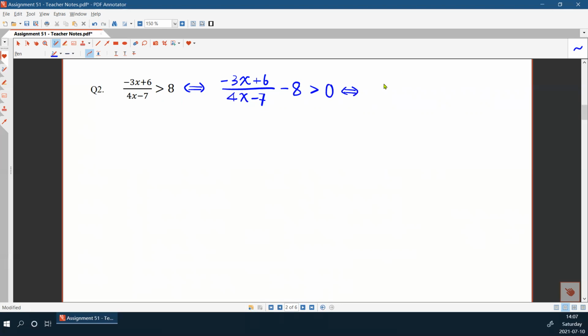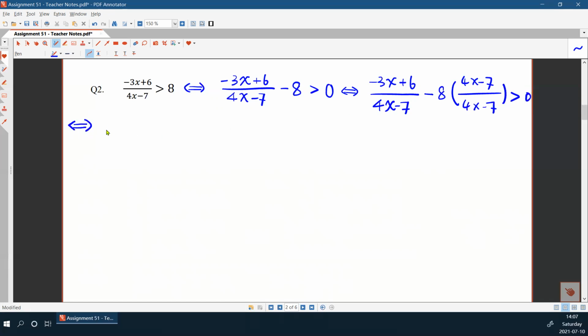And then rewrite the expression on the left-hand side using the common denominator, which is 4x minus 7. Okay, 4x minus 7 over 4x minus 7 above 0.